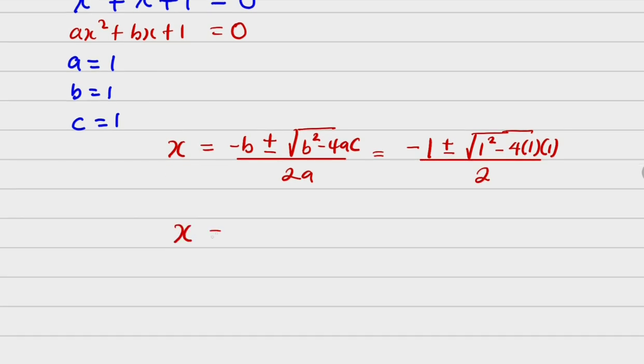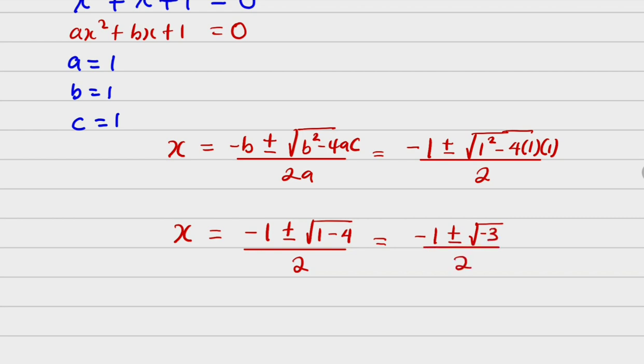Now my x will now be equals to minus 1 plus minus, I'm going to have root of 1, then I have minus 4, okay, all over 2. And of course, it's going to the complex plane already. This is minus 1 plus minus, this is going to be root of minus 3 all over 2.